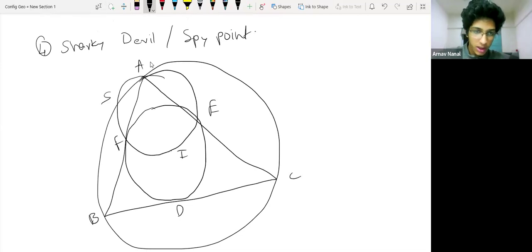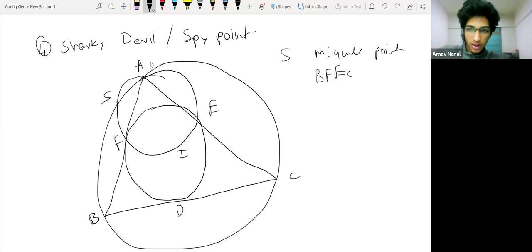So this is the point S. That's how you define the Sharky-Devil point, and it is the Miquel point of, again, BFEC.